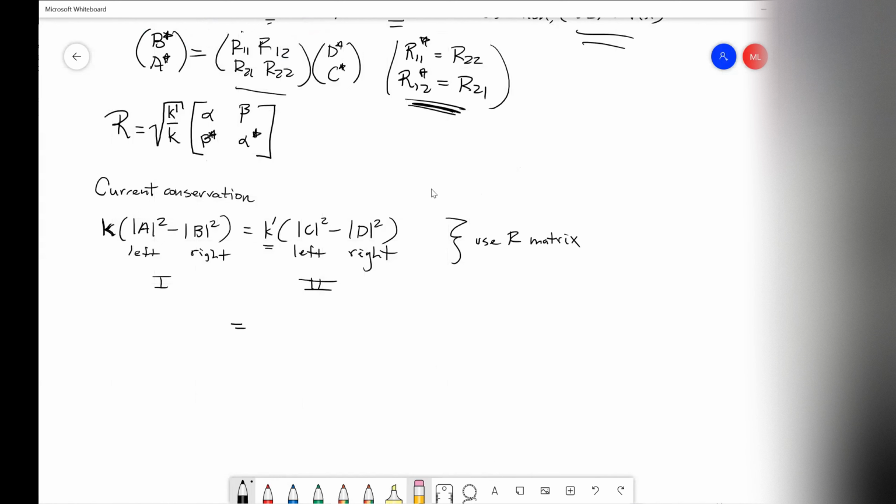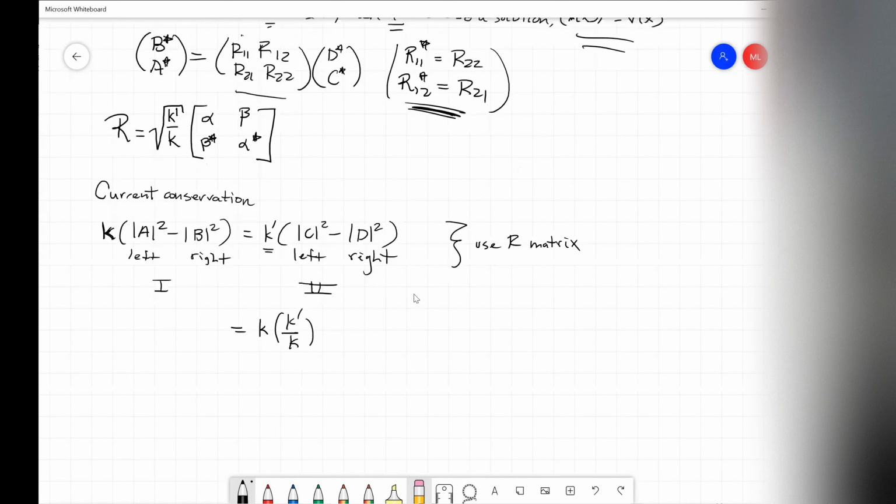And this whole thing is going to be equal to K, and then K prime over K. Let's see.